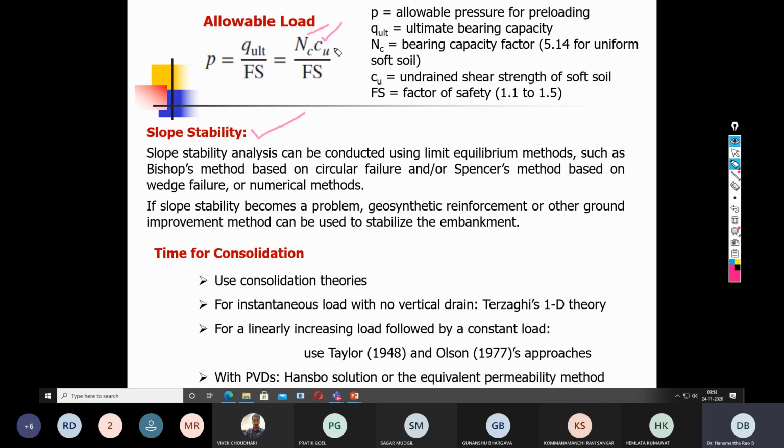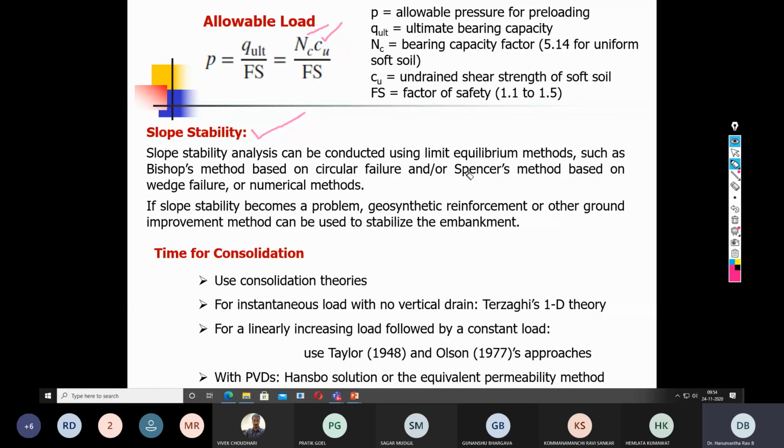When it is undrained, the strength is quite less. Because of the less strength, it may undergo a huge amount of consolidation, which ultimately results in slope stability failure. Therefore, before you go for implementation of PVD technology, you must analyze whether there is any possibility of slope failure because of the imposition of surcharge load.